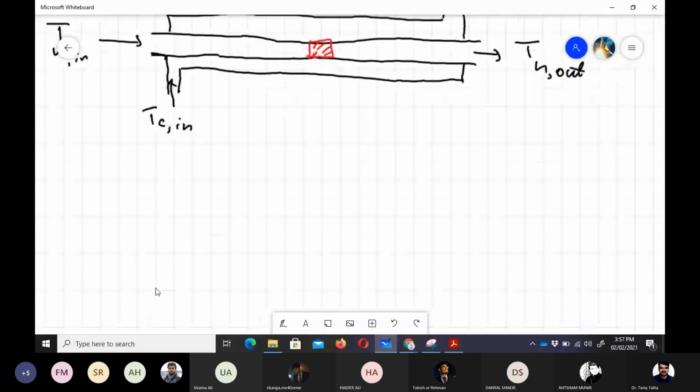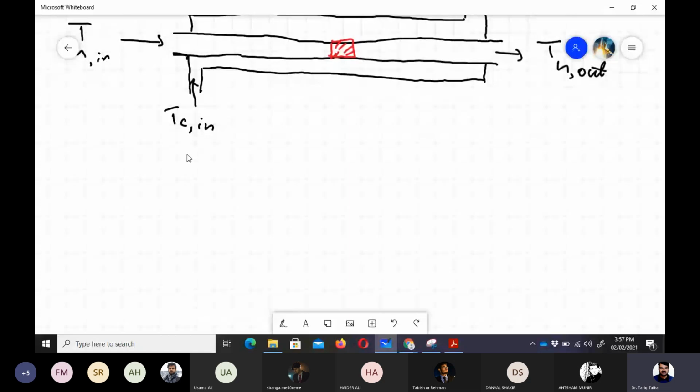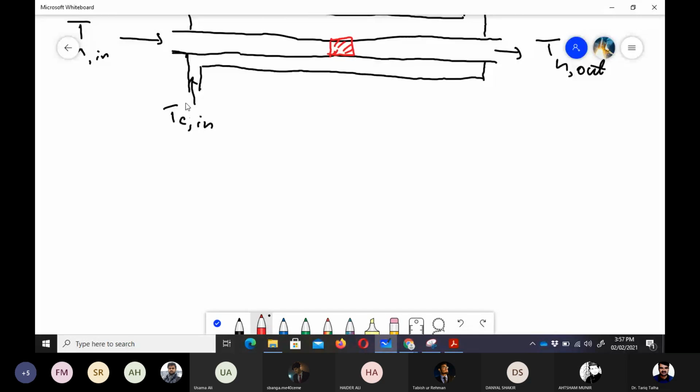If we remember, heat goes from the hot fluid passing through this pipe to the cold fluid going through the shell side. So if we draw the temperature distribution, it would be something like this.